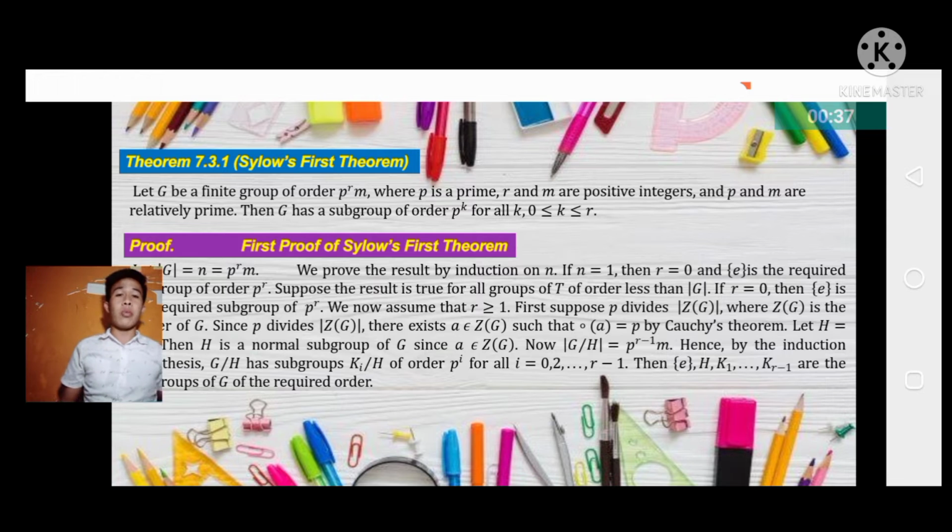At this point, I'm going to expound what this theorem, which is theorem 7.3.1, is all about. So we have the finite group G. Then the order of the finite group G is p to the r times m. That order is the number of elements, the cardinality of the finite group G. Then p is a prime.